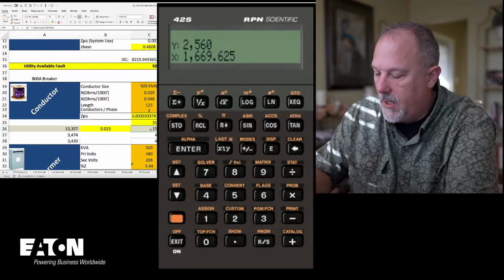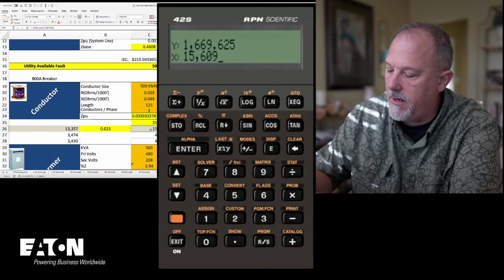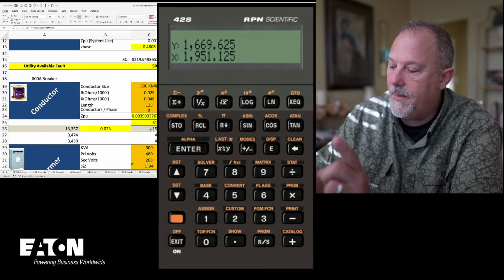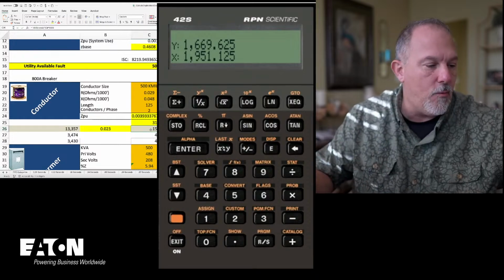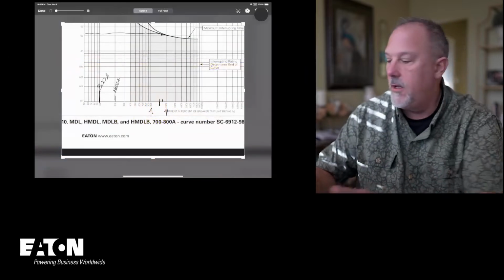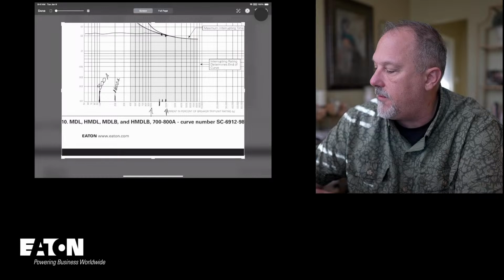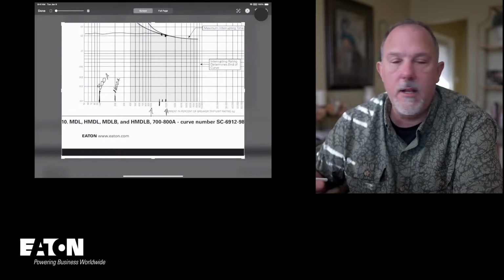Now my other one is my higher arcing current is 15,609. So I take 15,609, divide that by 800, multiply that by 100, that is 1,951%. 1,951% puts me almost right here at the 2,000 mark. So I'm a little over 0.02.